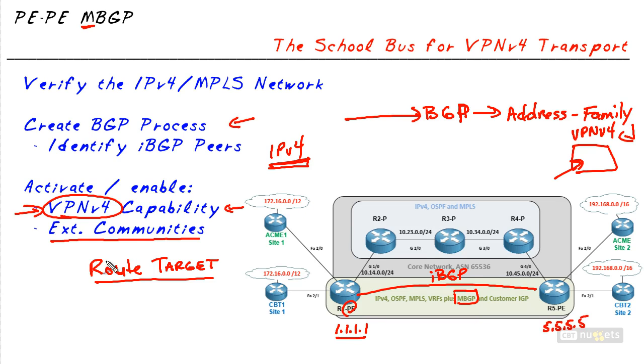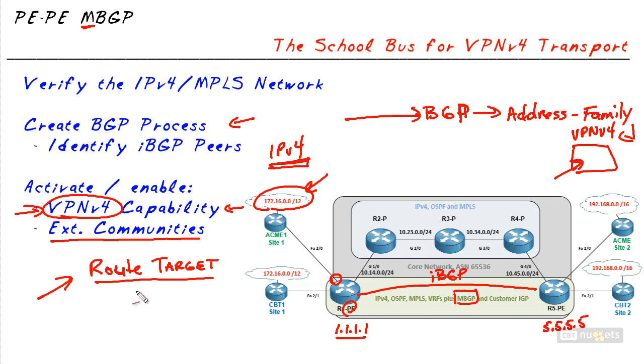Although we will have a separate discussion and video on route targets, I'll tell you right now that the purpose of a route target is to control where VPNv4 routes are advertised. For example, take this network coming from Acme Site 1, 172.16.0.0/12. As that network is advertised and R1 learns it on the VRF for Acme, when that route gets exported out of the VRF and into multi-protocol BGP as a VPNv4 route, we're going to tag on a route target.